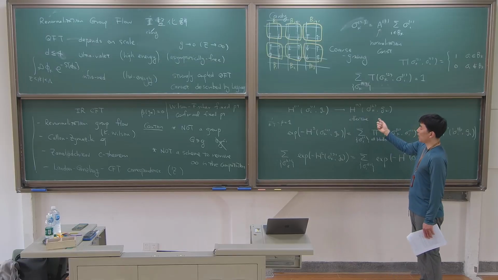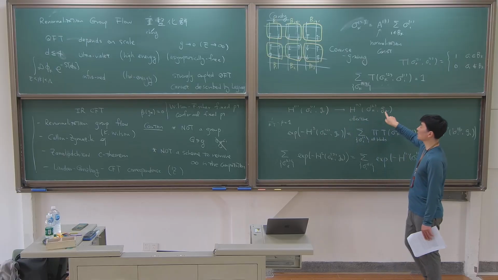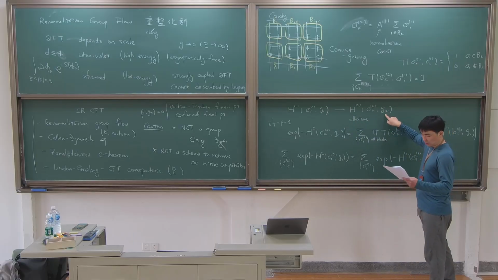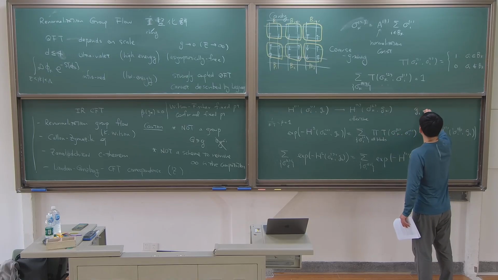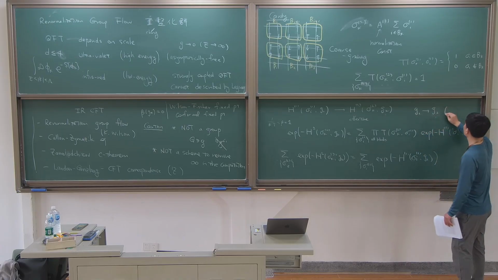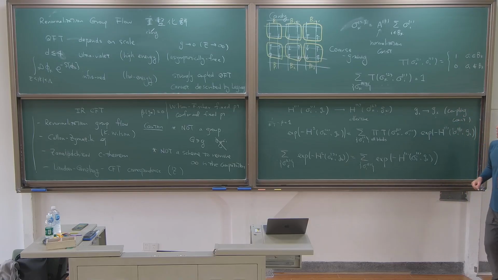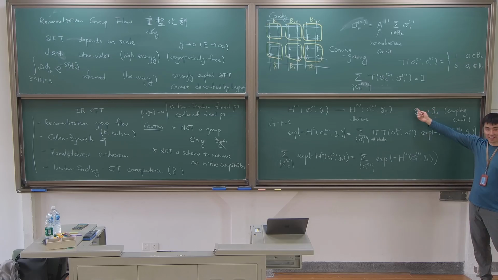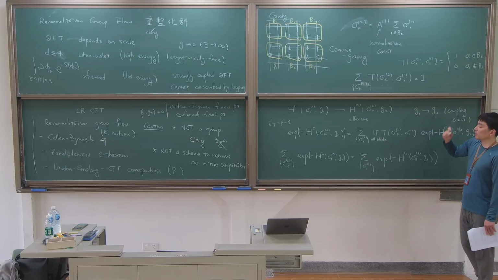But you have to be careful that this coupling constant is not necessarily equal to this coupling constant, so G1 is not equal to G2, and you get a different coupling. This is the coupling constant in the theory. There can be many coupling constants, because you can construct a Hamiltonian with many interaction terms and so on.